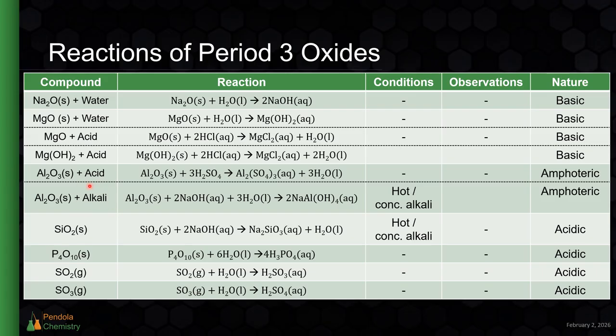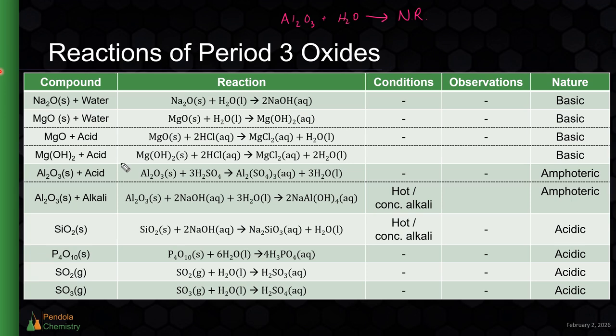Alkali, remember, is a water-soluble base. So there is no reaction with aluminum oxide and water. So I'll put that up here. Al2O3 plus H2O does not yield a reaction, so there's no reaction.